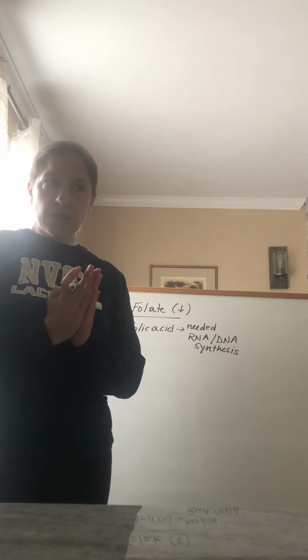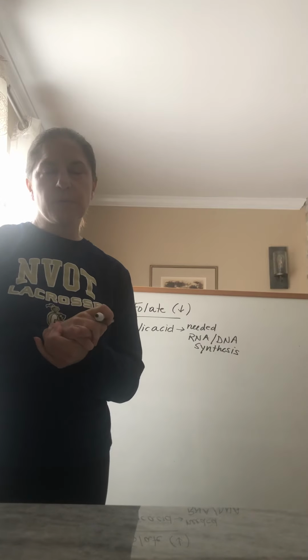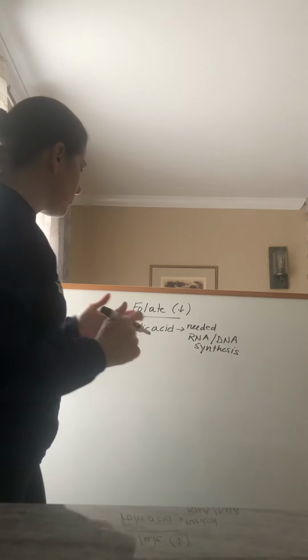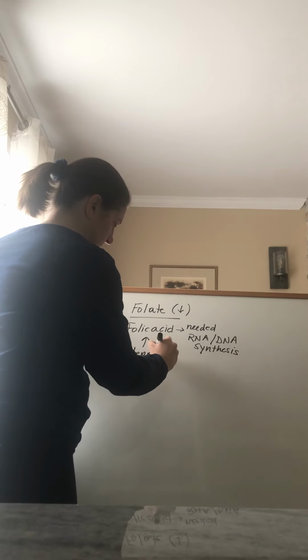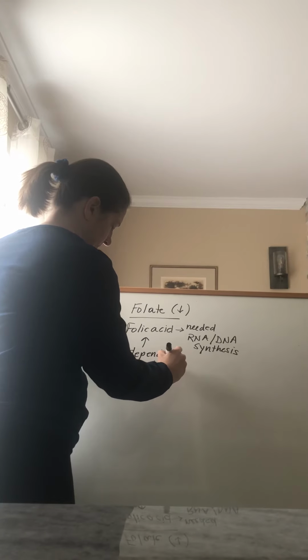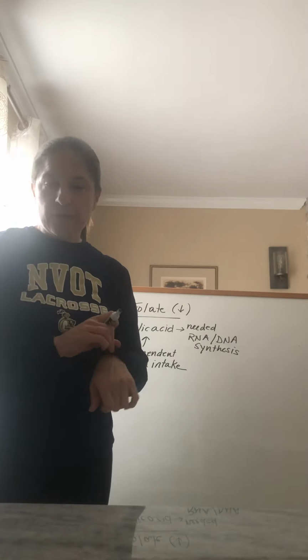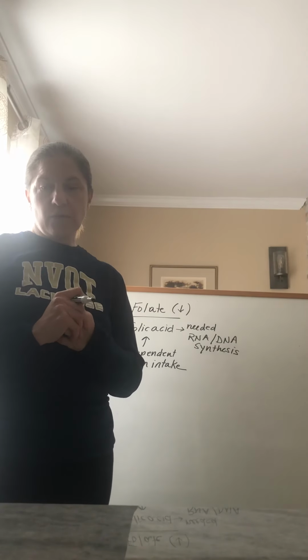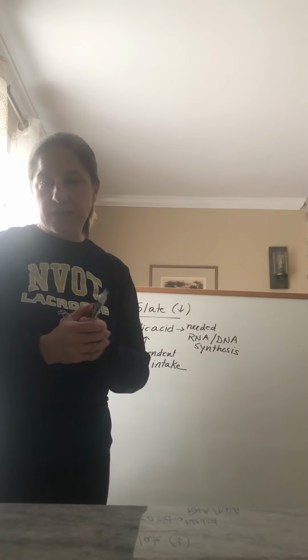This usually occurs in people who are A, alcoholics, or B, in people who are chronically malnourished. We are dependent on intake of folic acid from diet to meet the needs of RNA and DNA synthesis.